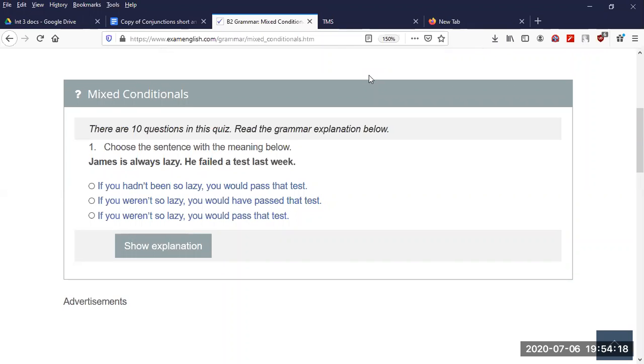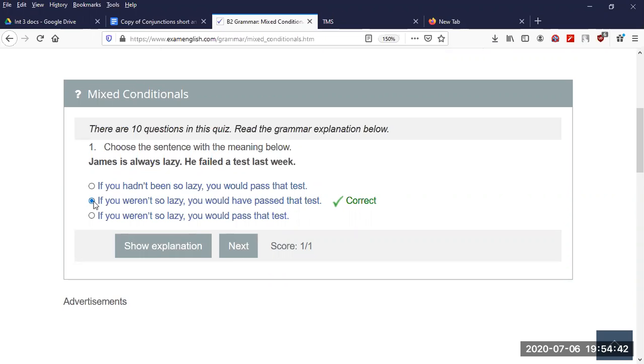Anyone? Teacher, maybe number 2. If you weren't so lazy, you would have passed that test. Okay.